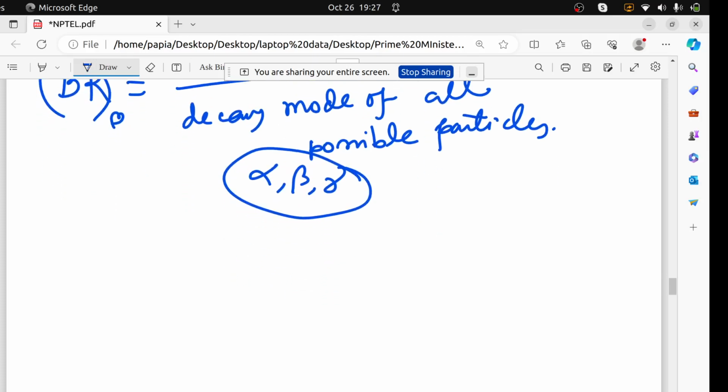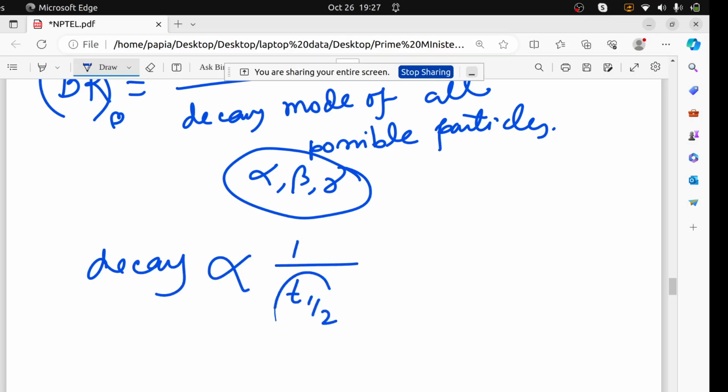But now we already know that the decay is proportional to 1 by lifetime, like half-life, right?